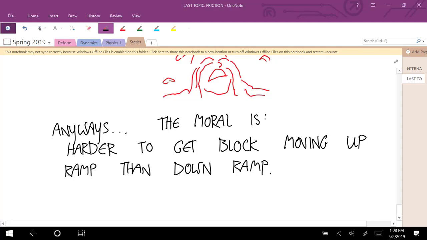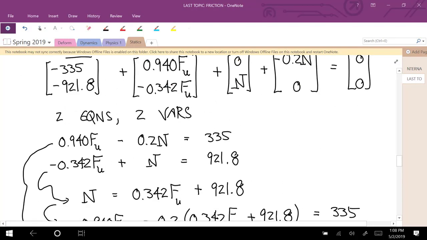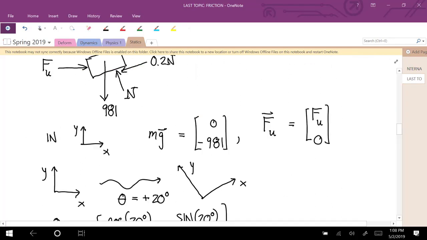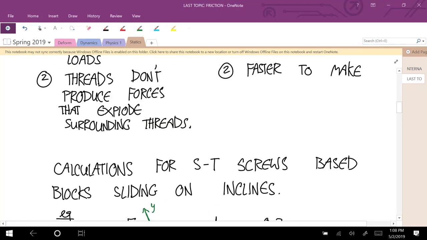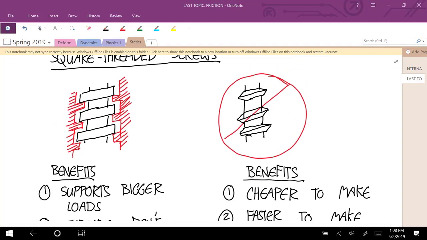Okay, so how does this relate to square threaded screws? Let's look back at the picture of a square threaded screw, and think about what we have here.